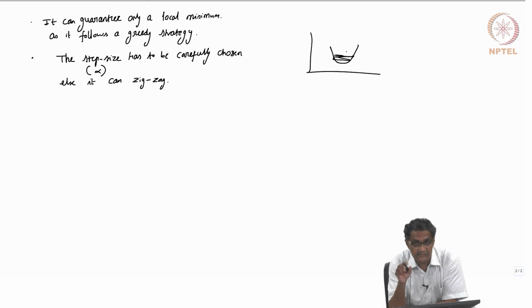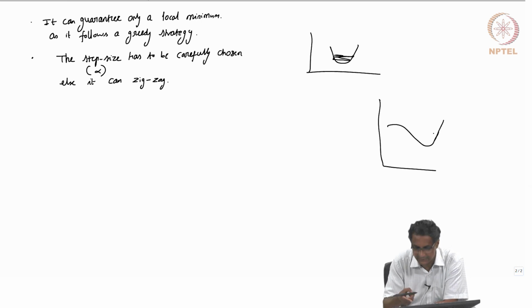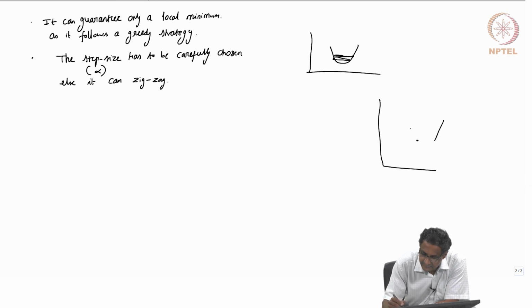But zigzag does not just mean that. For example, if your surface was something like that, then depending upon the slope, it doesn't have to be symmetric. If you have a certain slope here, which is of course a negative slope, you will take a step and end up there.